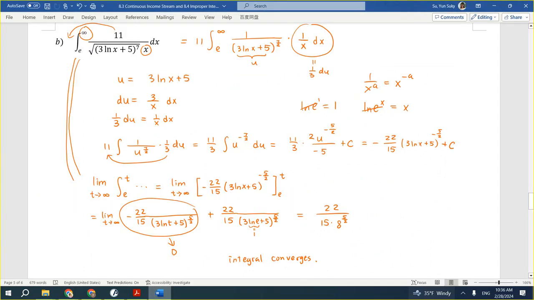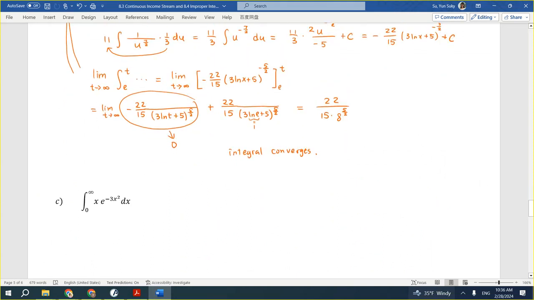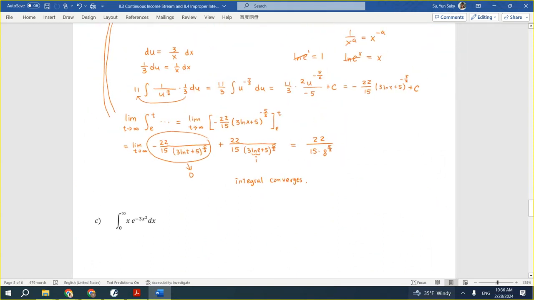Okay. Any questions about part B? No? Okay. Now it's your turn. Do part C. So you can follow the steps of part B and do part C. They can be in the same one.